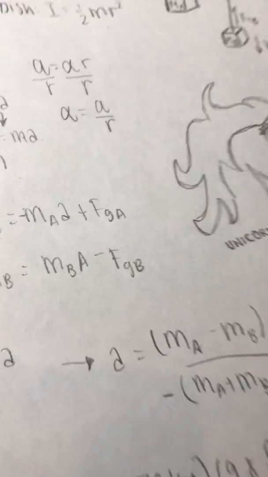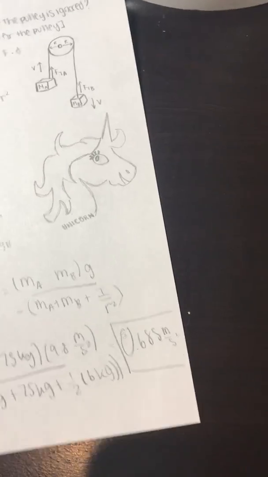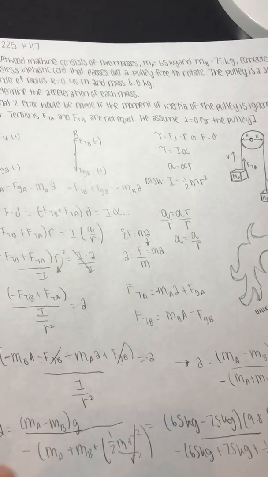And that would be the same for both of them. That would be the acceleration of each mass. So that's how we would solve part A.